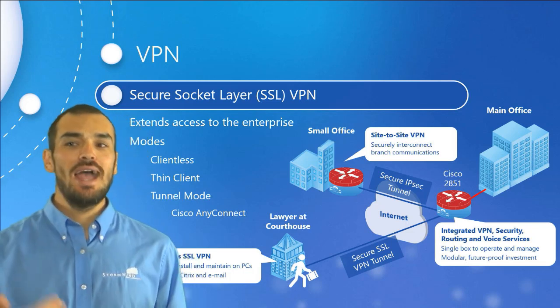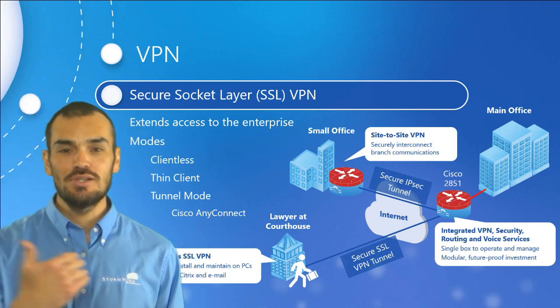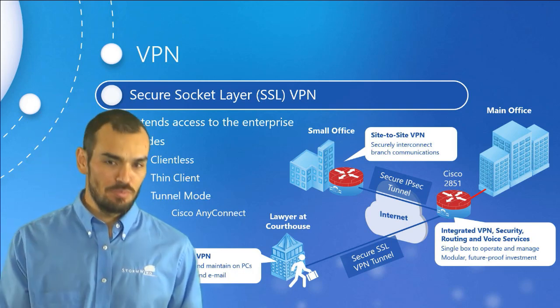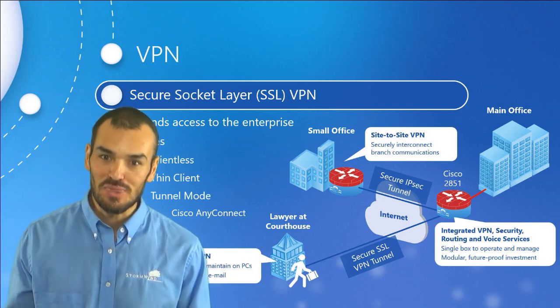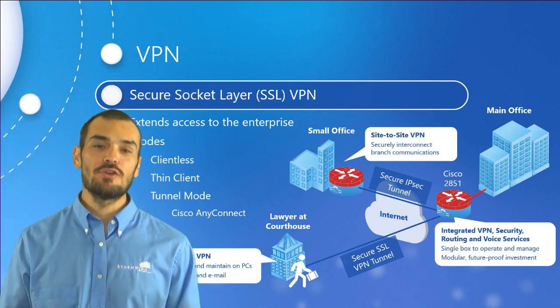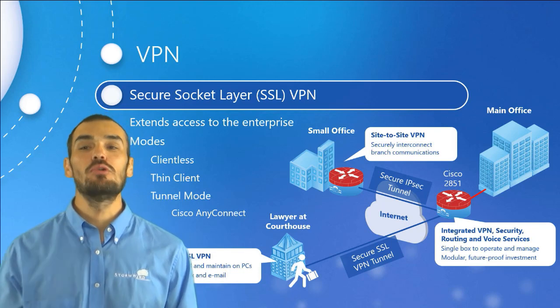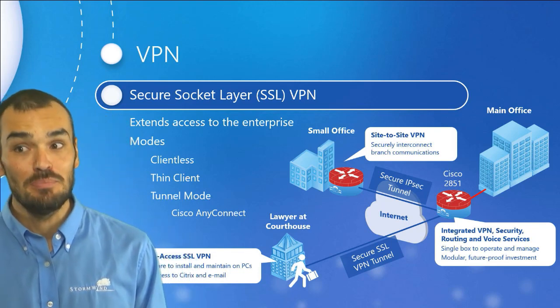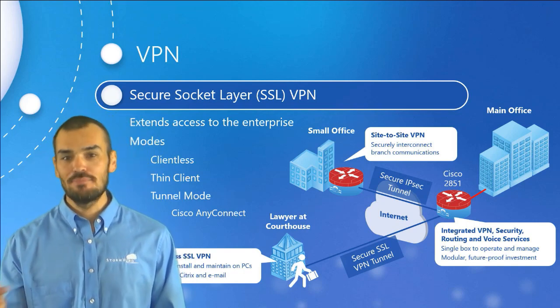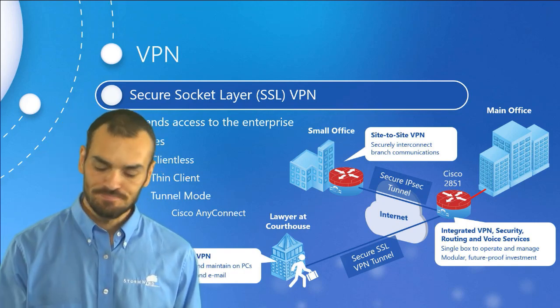Clientless gives secure access to private web resources as well as web content, useful for most browser-based content, which is pretty much everything nowadays. There's also the thin client mode, which extends the browser's cryptographic functionality to enable remote access to TCP-based applications like POP3, SMTP, IMAP, Telnet, Secure Shell, etc.